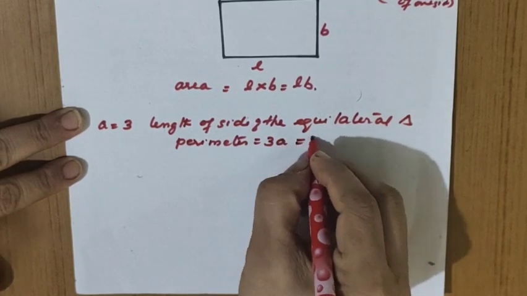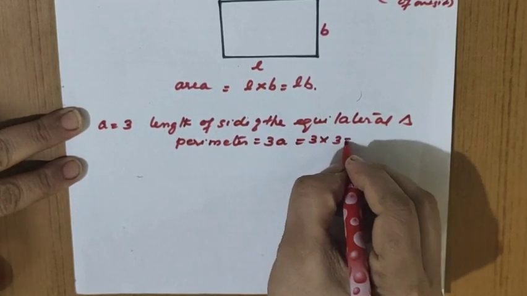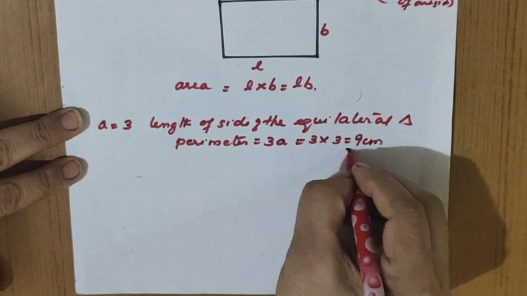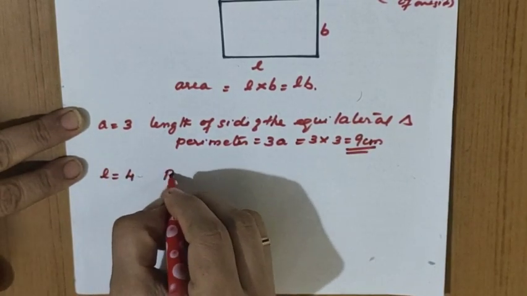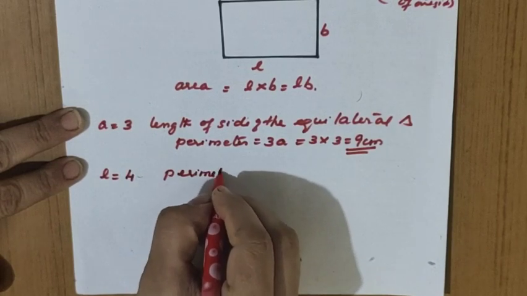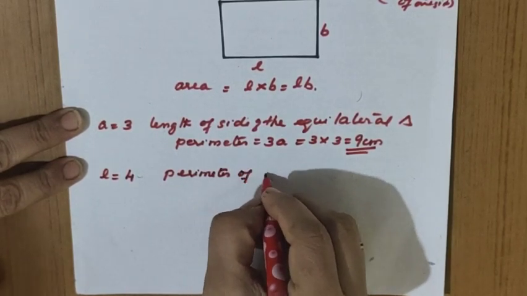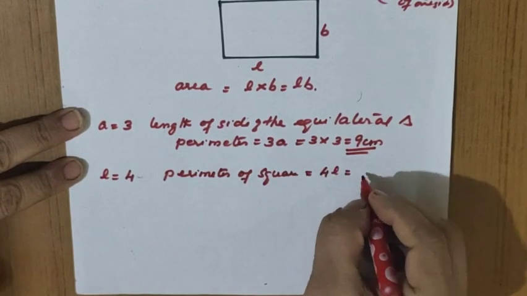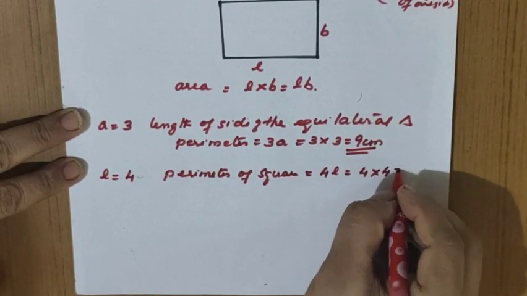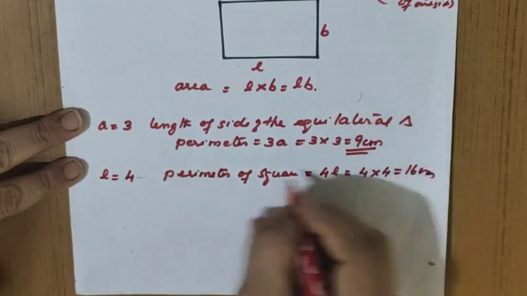We will write the formula first. 3 into 3 equals 9 centimeter. Like that, if L equals 4, then the perimeter of the square equals 4L, equals 4 into 4 equals 16 centimeter.